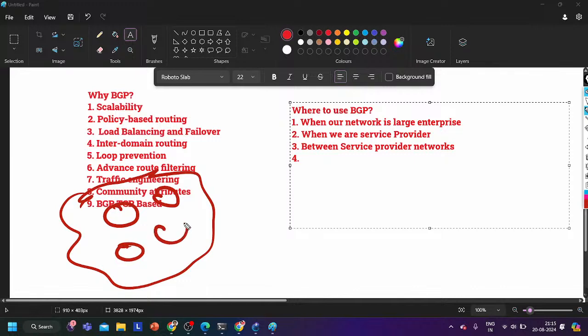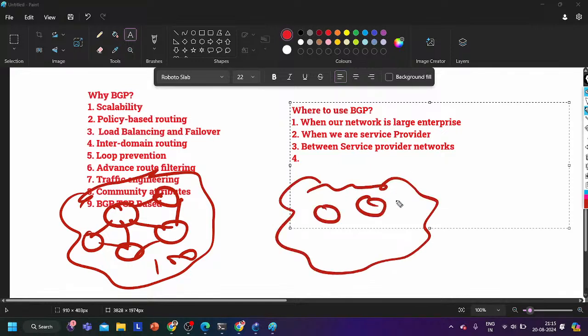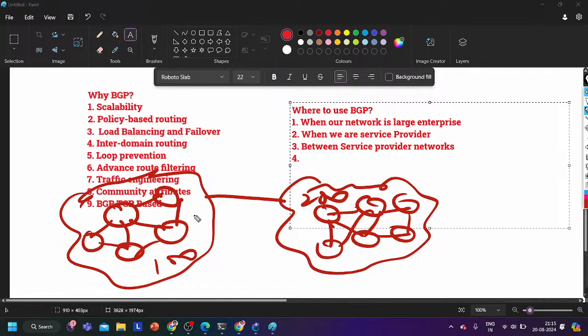Airtel has lots of routers in their internal network and they are using, let's say, AS number 100. In the same way, another service provider is Tata. Tata also has lots of routers in their internal network, right? They are using AS number 200. So between Airtel and Tata, between these two ISPs, we will be using BGP routing protocol only.